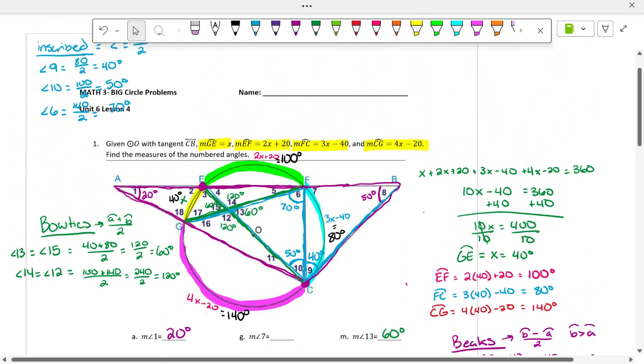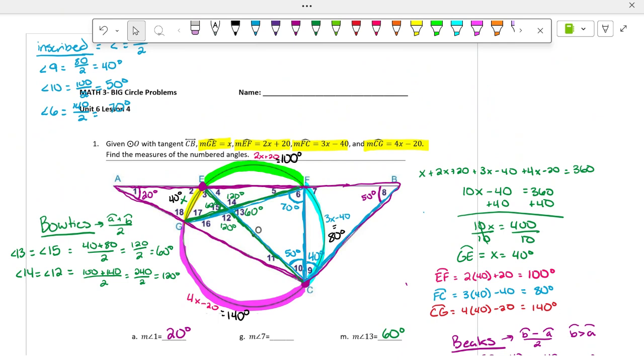All right. Someone else who has not talked yet. Give me another inscribed. There's still a couple more. What's another inscribed? Come on, guys. What's another inscribed? 7.